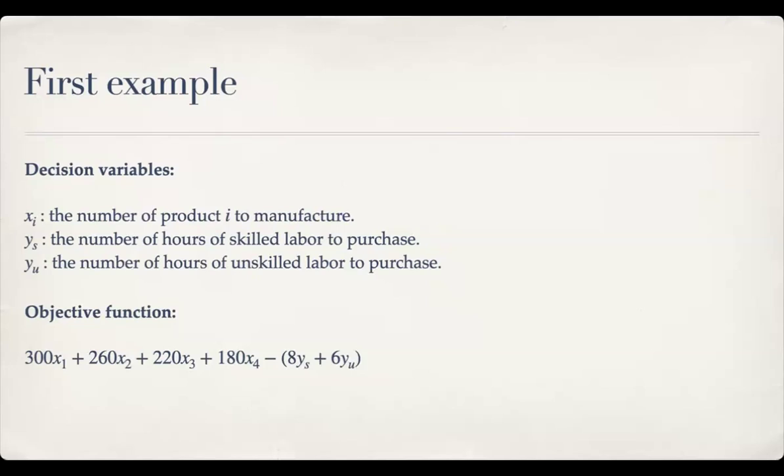These coefficients are the price of each product, and these 4 terms are revenue, right? So it must be subtracted by cost. How much are we going to purchase, I mean, skilled labor and unskilled labor? So you have to subtract 8 YS and 6 YU.